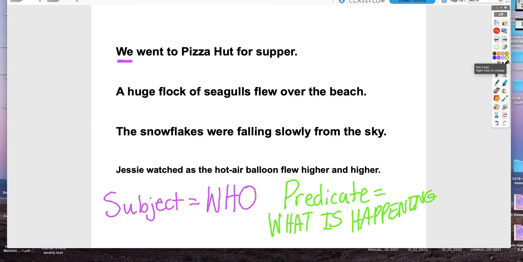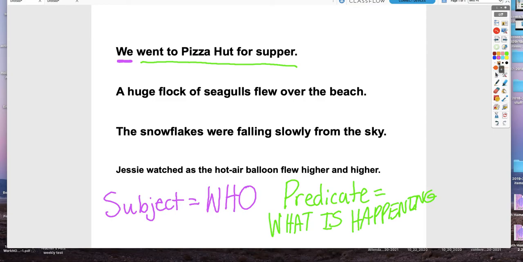There's more words though. Went to Pizza Hut for supper. All of that is the predicate, not just part of it. Went to Pizza Hut for supper is the whole predicate. Who, we, what, went to Pizza Hut for supper. All of that, okay?